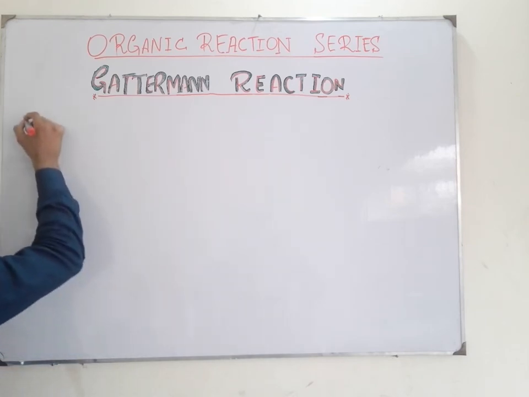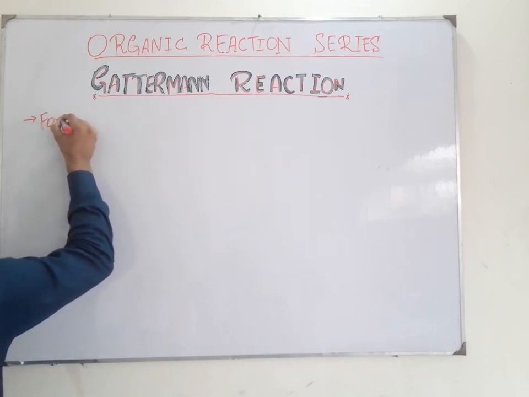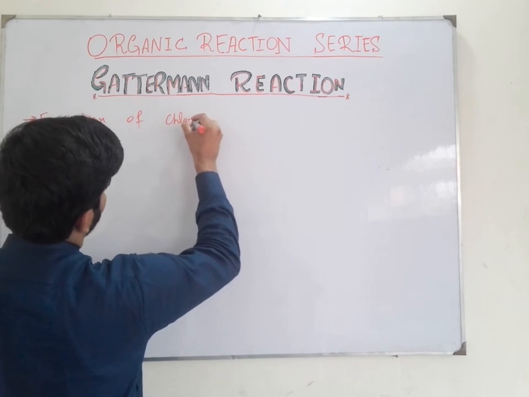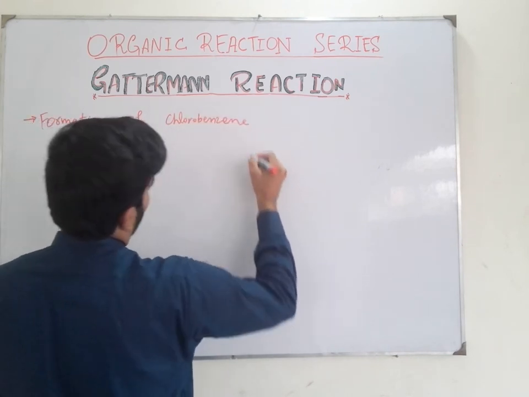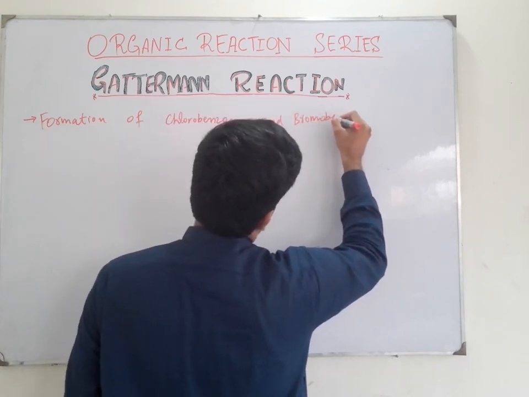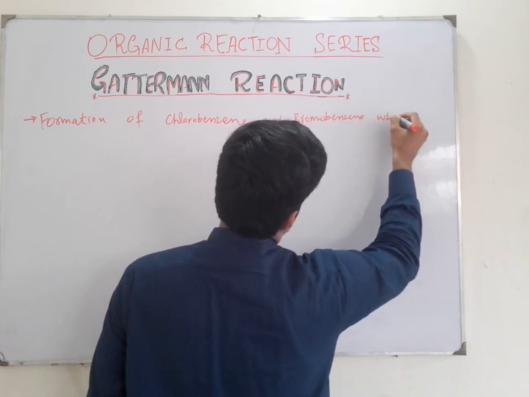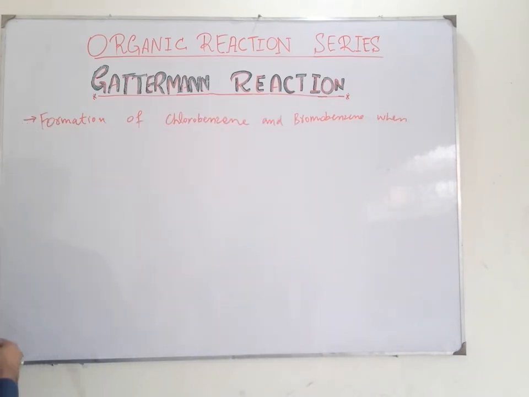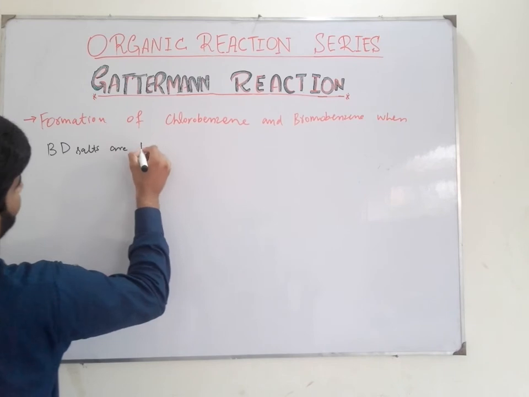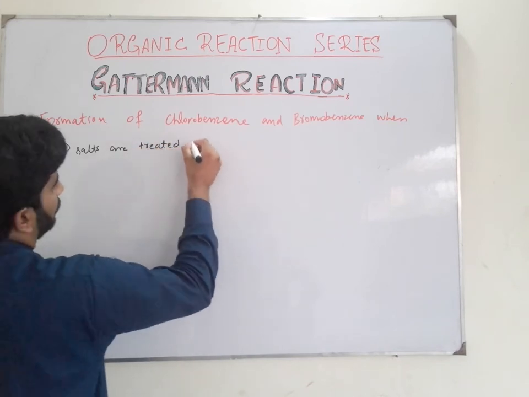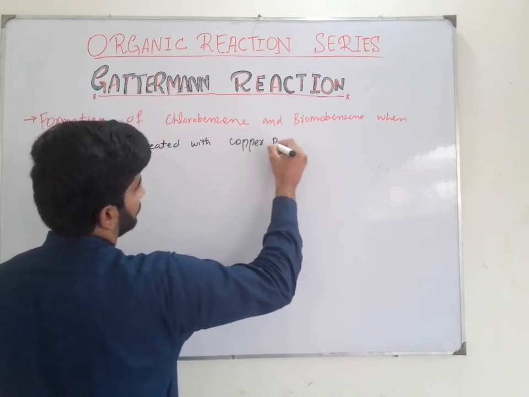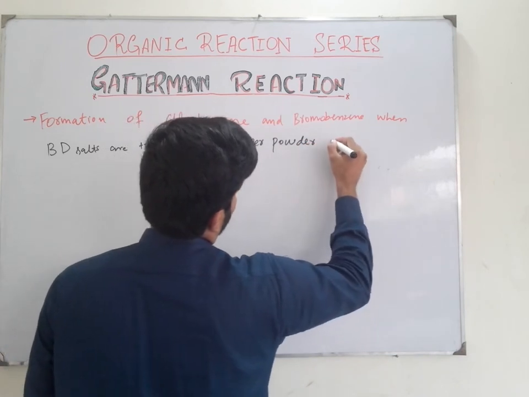So what is the Gattermann reaction? It is a reaction in which there is formation of chlorobenzene or bromobenzene when benzene diazonium salts are treated with copper powder in the presence of acid.